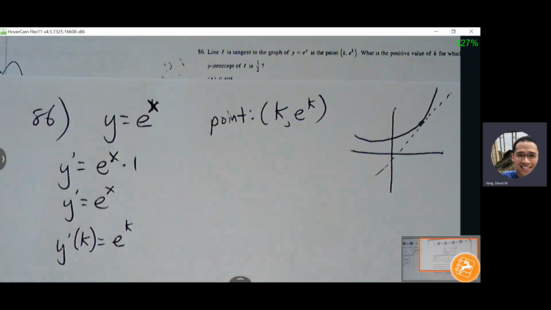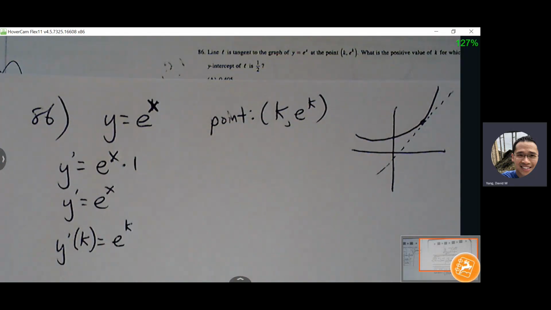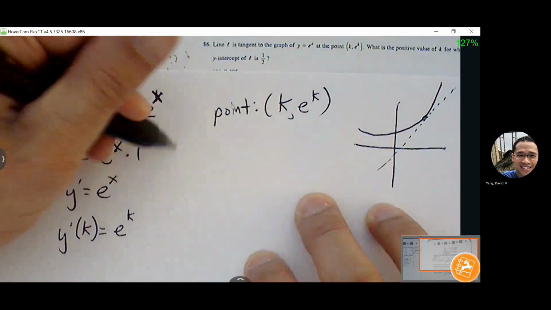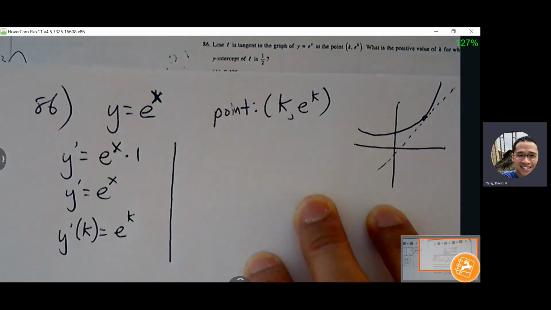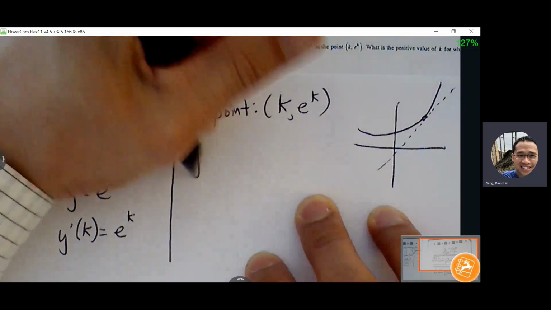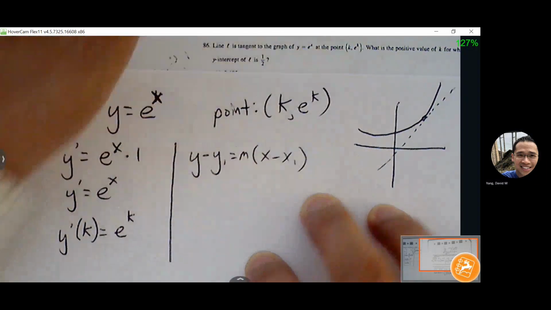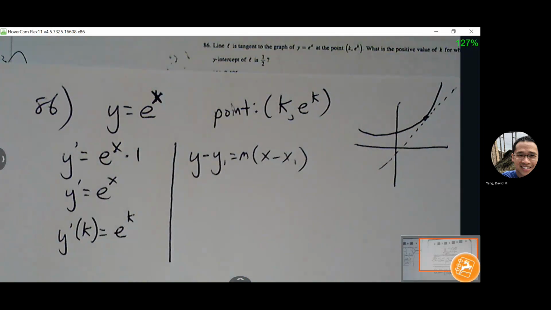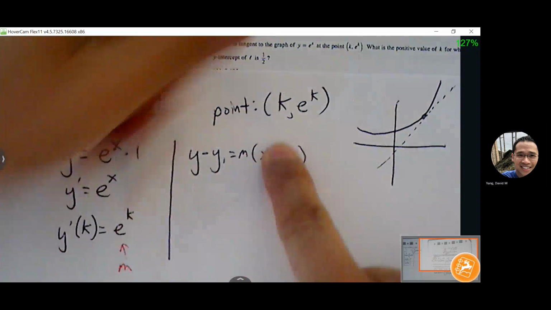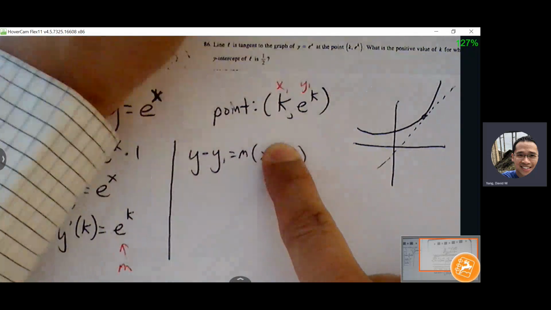So that's my slope. Some number, it could be 2, it could be 3, it could be 5. We don't know it yet, but from here we can create our tangent line equation. This is my slope, this is my x1, this is my y1.